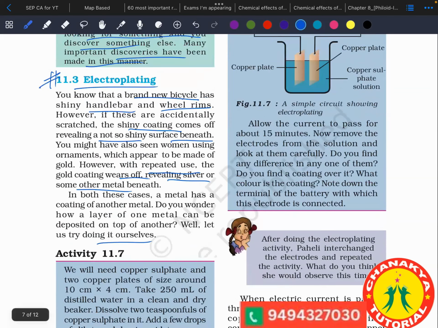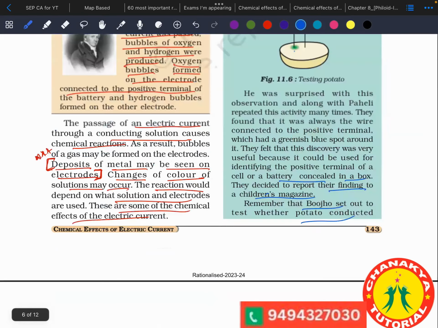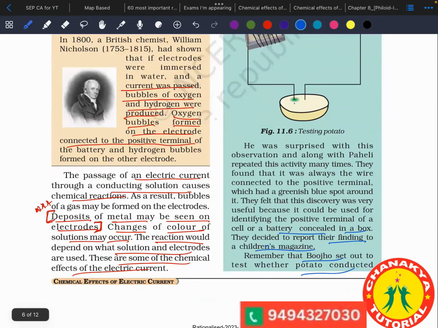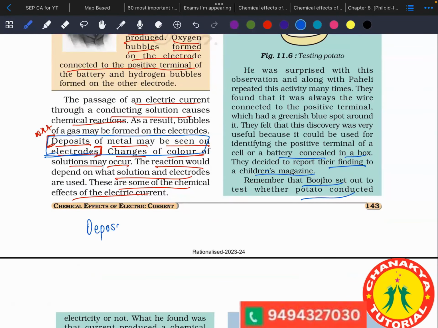So now we will understand a particular kind of experiment which performs this activity. Okay, as I have told you, the deposition of one metal on another. So this is very important in chemistry.